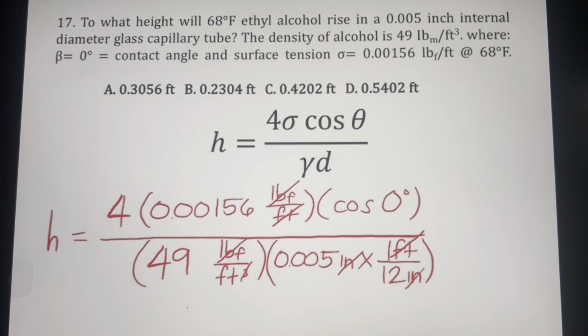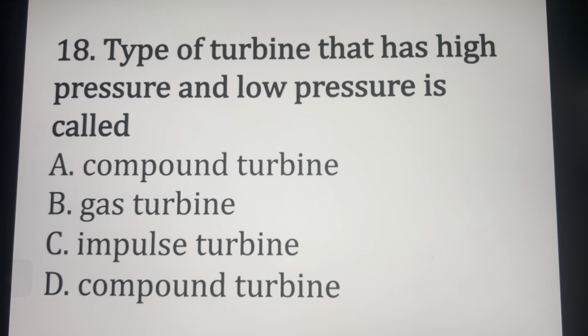So the remaining unit of our height is in foot. What is our capillary rise? So this is 0.3056. Type of turbine that has high pressure and low pressure is called compound turbine.